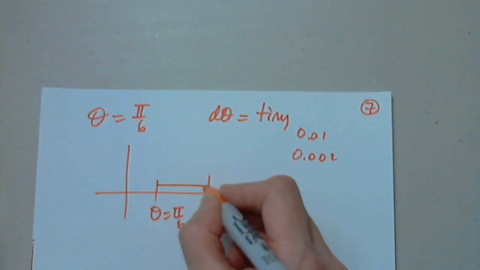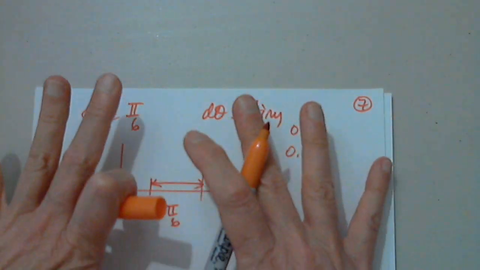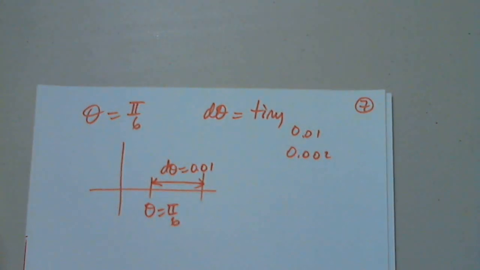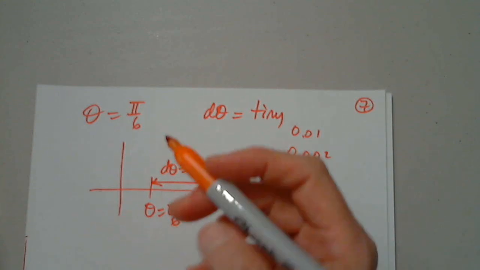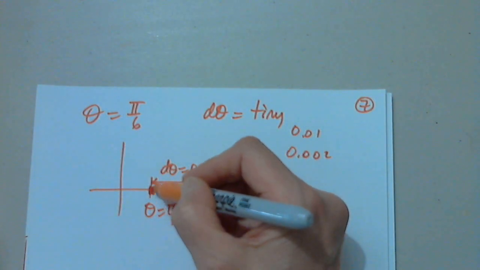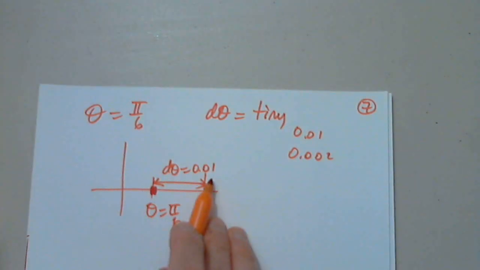So your d theta, I'm zooming in huge, your d theta is 0.01. In other words, this is the x for p, and this is the x for q at a distance of 0.01.